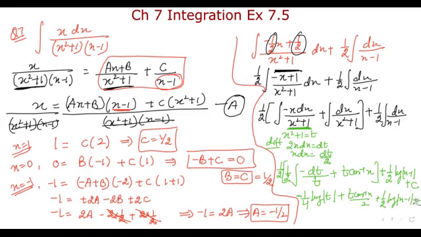Now we will put the value of t. So the answer will be minus 1 by 4 log x square plus 1 plus tan inverse x upon 2 plus half log x minus 1 plus c.